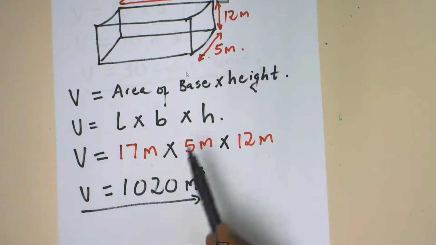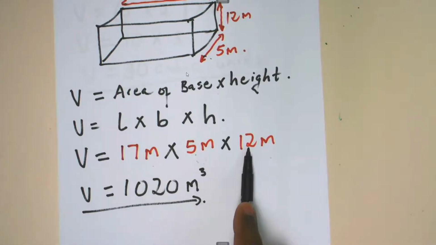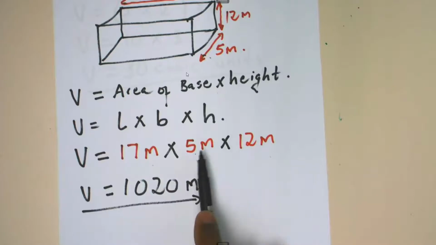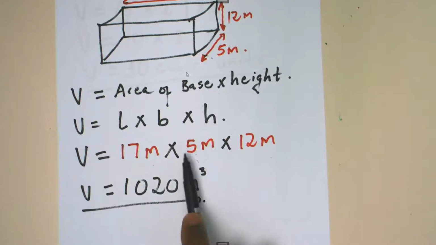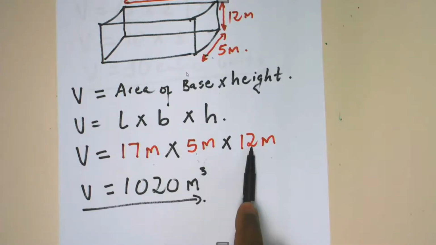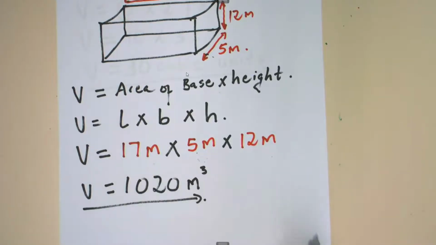Or one would say, because we're multiplying 5 by 12, it will be 60, because 5 times 10 is 50, and 2 5s is 10, and 10 plus 50 is 60. Now 60 multiplied by 17, that is 1020 cubic meters.